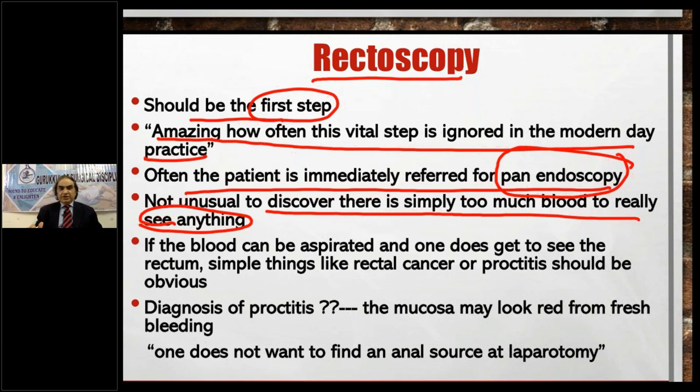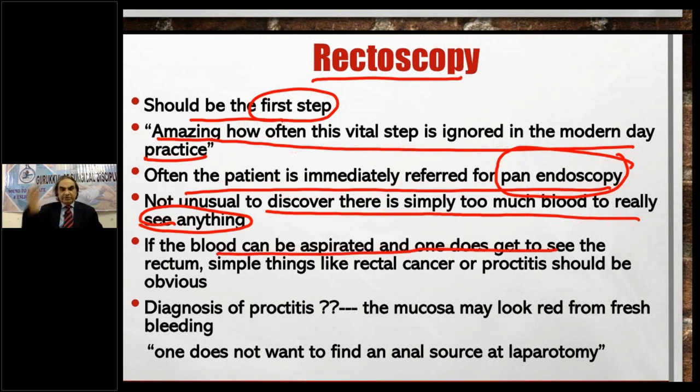Very often the report is so much blood, I can't see anything. The patient is really not to be cornered from here to there. You need to find the source.